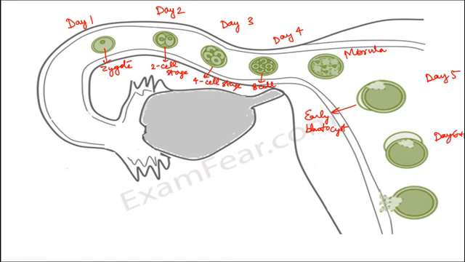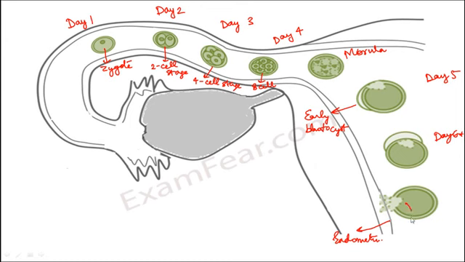And finally, you have the implantation of the blastocyst. That is, the outer layer of the blastocyst will attach itself to the endometrium. So this is the endometrium. And this outermost layer is the trophoblast, and the innermost layer will form the embryo.